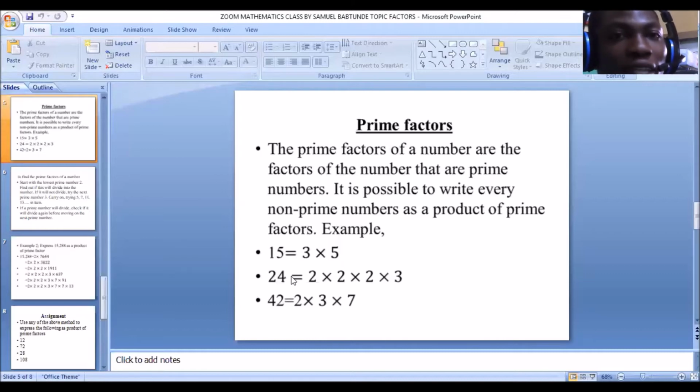The prime numbers among its factors are just 2 and 3, because it's only 2 and 3 that are prime factors of 24. I want to express 24 as a product of these prime factors. Now what do I do? 2 times 2 will give me 4. 4 times 2 will give me 8. And 8 times 3 will give me 24. So I have successfully represented 24 as a product of its prime factors.